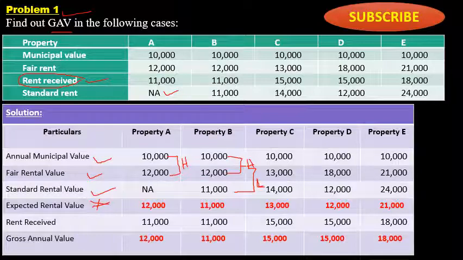See property C. 10,000 is the municipal value and 13,000 is the fair rental value. First you have to see the higher of the two, the highest value.